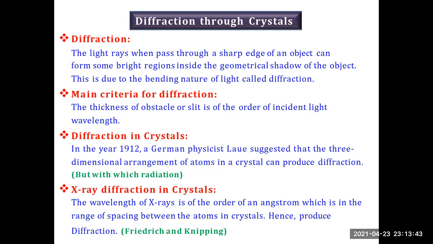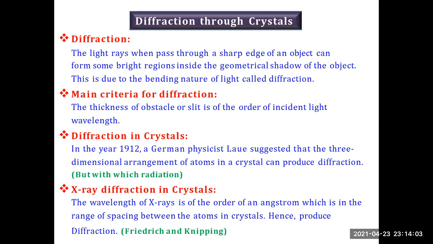Since X-rays have a very small wavelength. One angstrom is equal to how much? 10 to the power of minus 10 meters, or 10 to the power of minus 8 centimeters. And this wavelength is comparable with the spacing between the atoms inside the crystal.